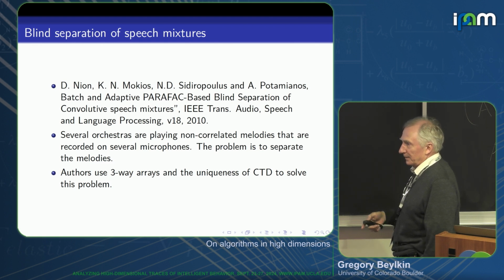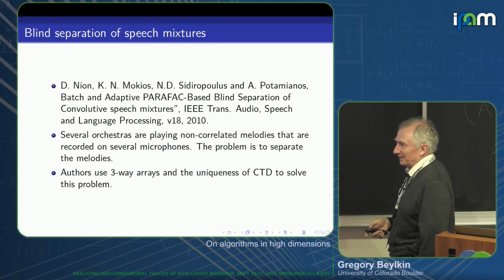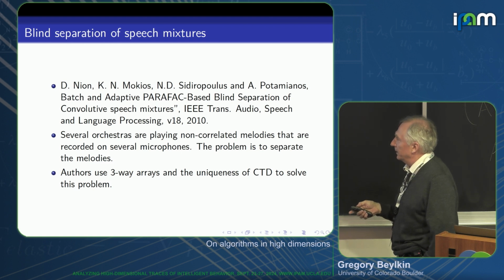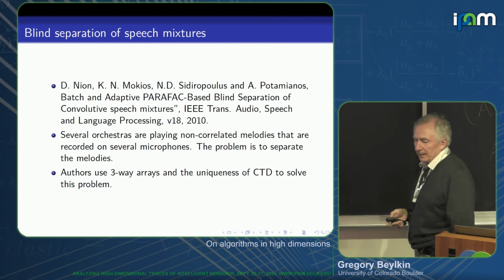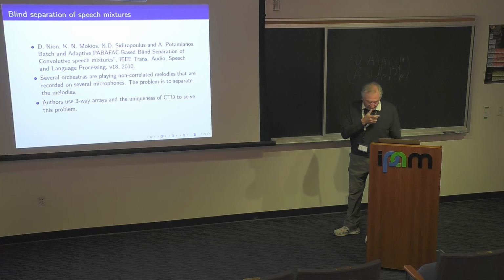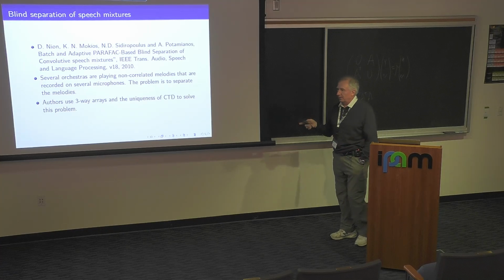You record this, and now your problem is to separate these melodies. What they do in this paper, they work with three-way arrays. They use uniqueness, and they did a really good job. Now, I will have a detour in the next slide.